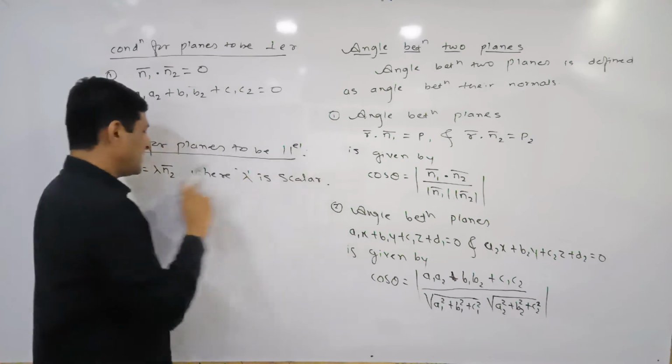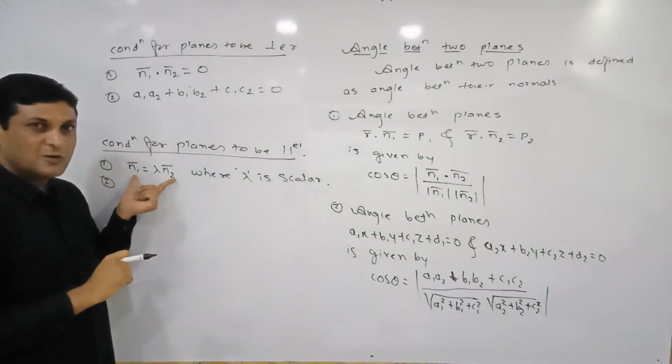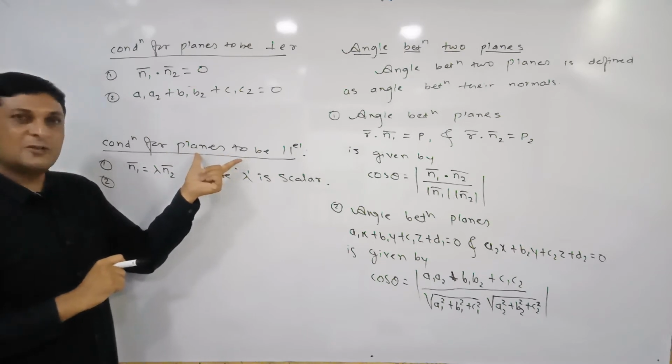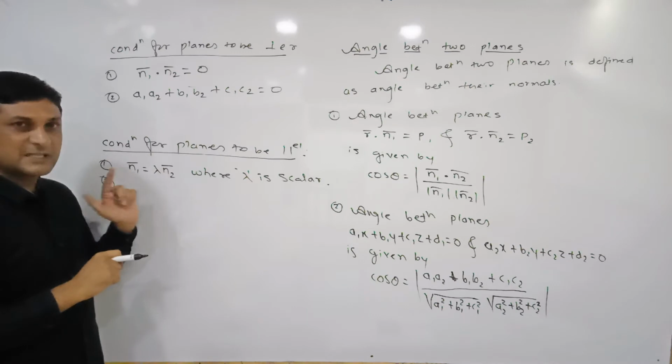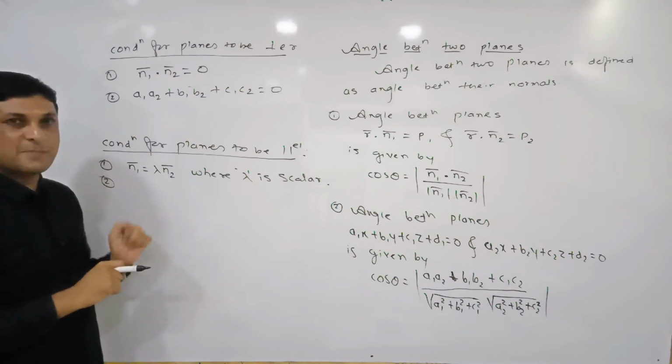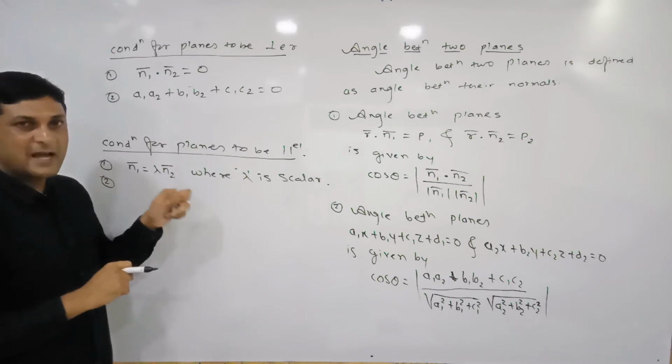And if one vector is expressed as a scalar multiple of another vector, these two vectors are parallel. So if planes are parallel, normals are also parallel, meaning the vectors along the normals are also parallel. And if vectors are parallel, they satisfy the condition n1 bar is equal to lambda n2 bar.